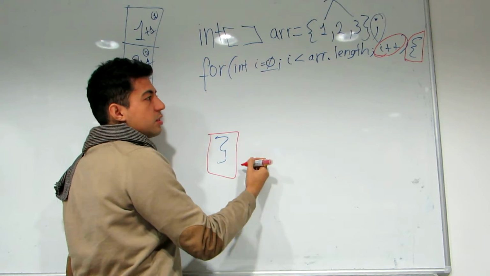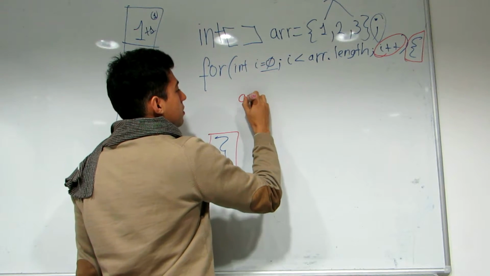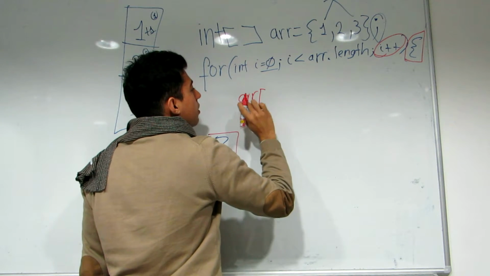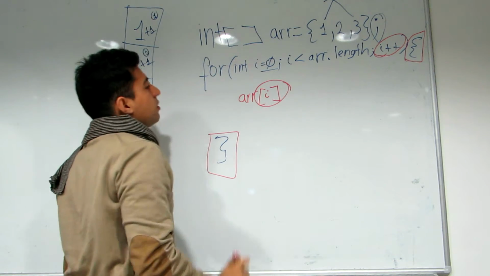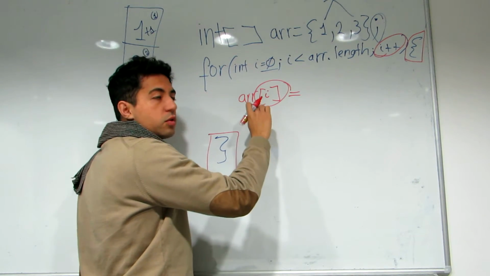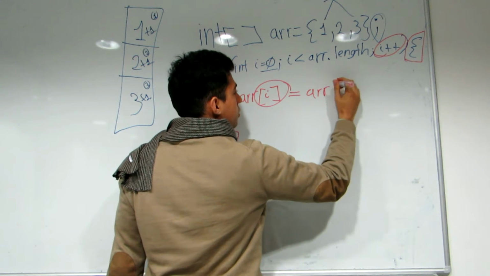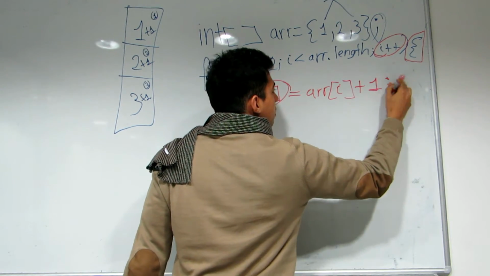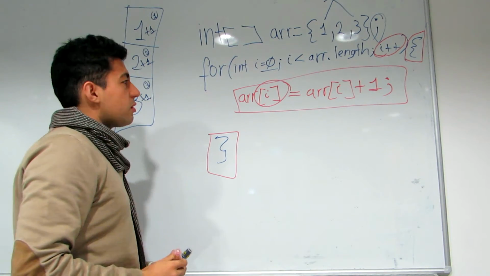So inside the brackets, we will put our sum, just putting the index right here, and then I want to sum just plus 1. You just put the same index plus 1, and this is the bunch of code that I want to repeat, right?